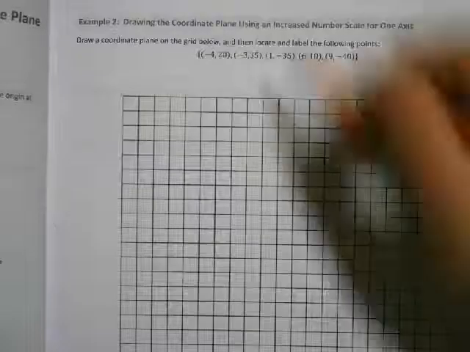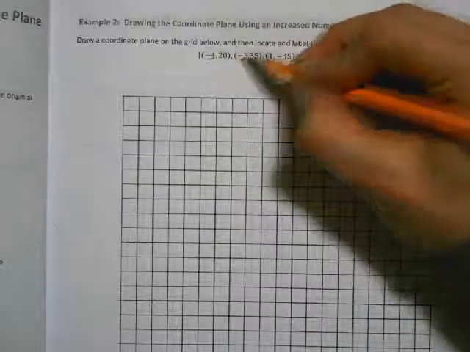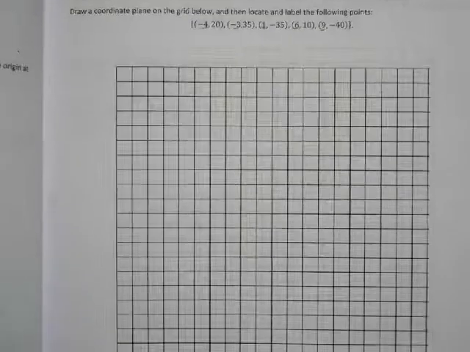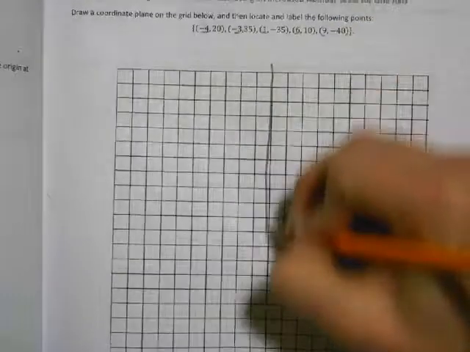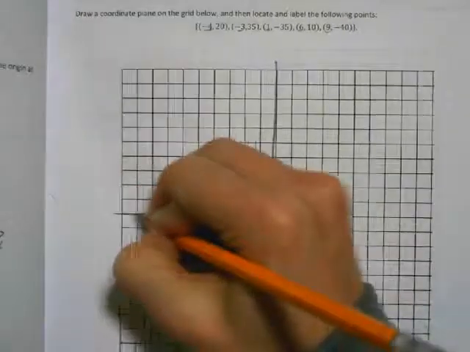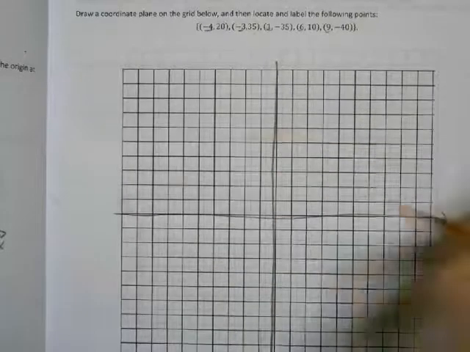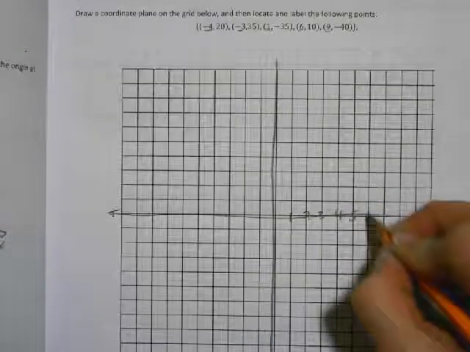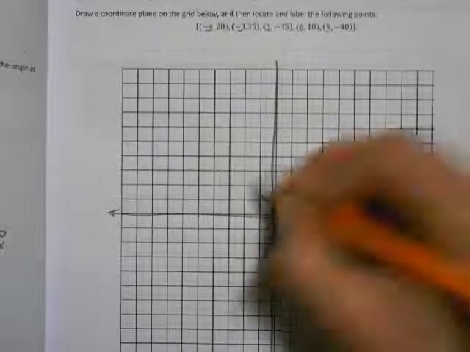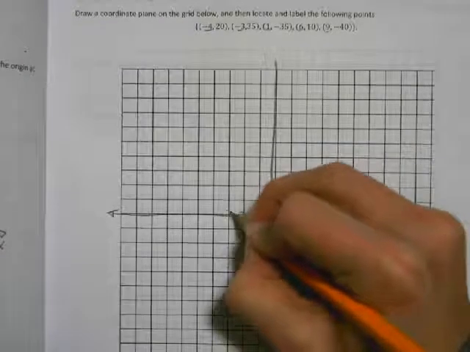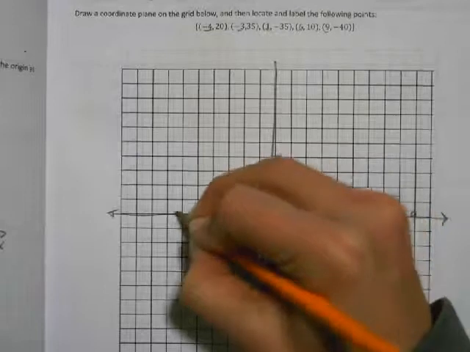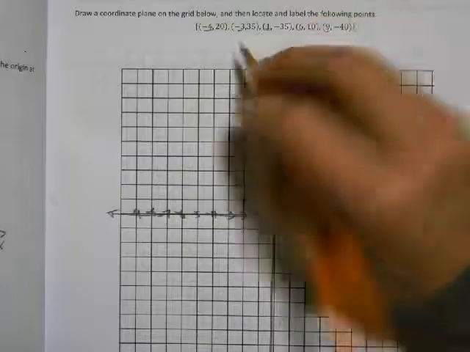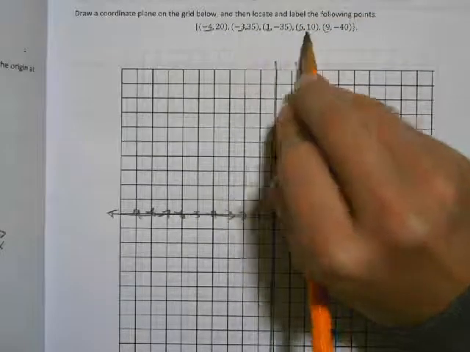Now let's look at our numbers. Our x's, I have a 4, a 3, a 1, a 6, and a 9. So I'm going to scale by 1 for the x-axis. And then for the second number, it's 20, 35, 35, 10, and 40.